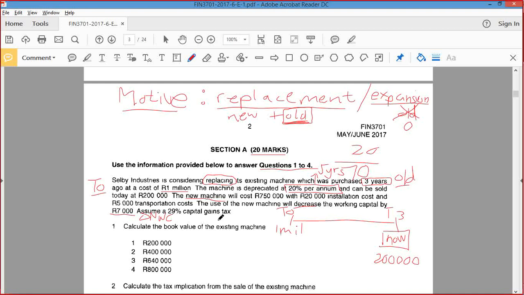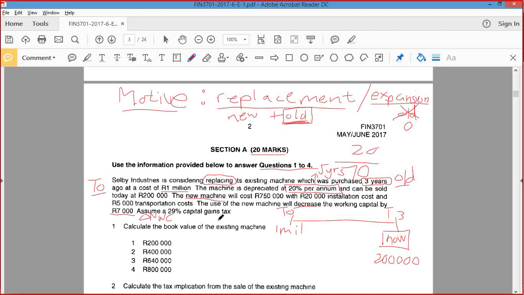But doesn't it decrease the working capital by 7,000? Working capital is only considered in the calculation for the initial investment, INV. OCF, operating cash flow, doesn't look at the working capital. So we wouldn't consider this conventional or non-conventional.